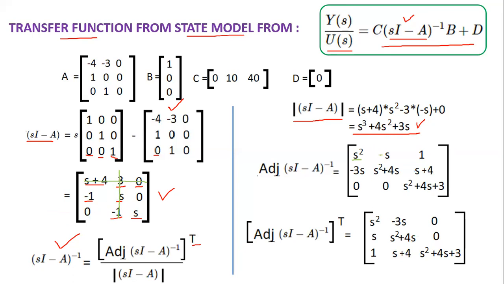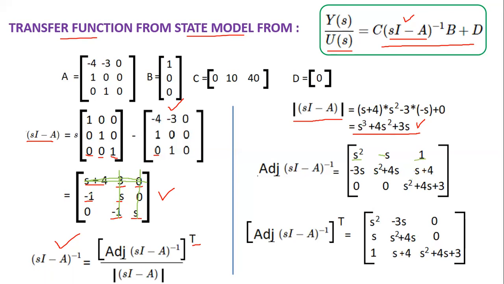And then now we need the third element. The third element means the same row we are removing and the last column we are removing. Now minus 1 into minus 1 will be plus 1, minus 0 into s, so 1, right?